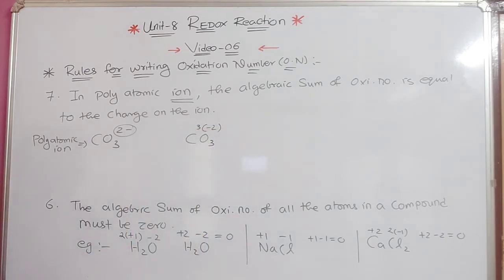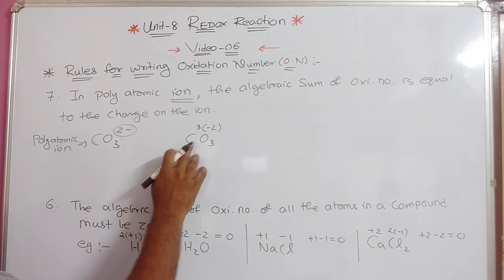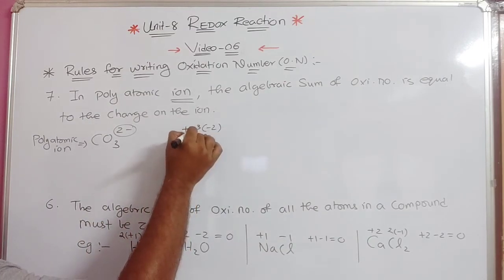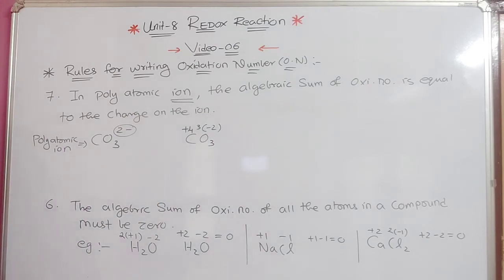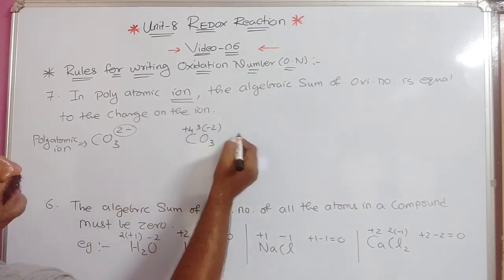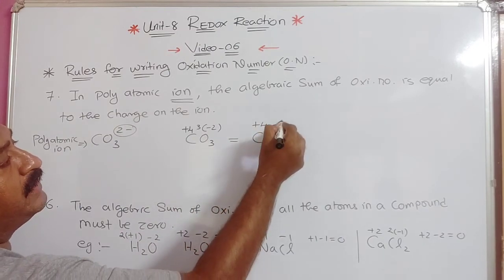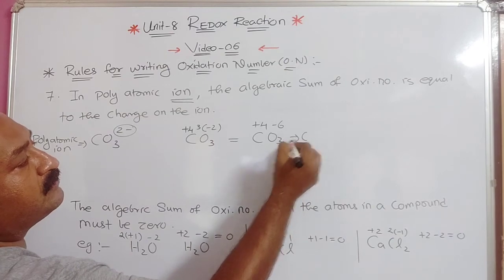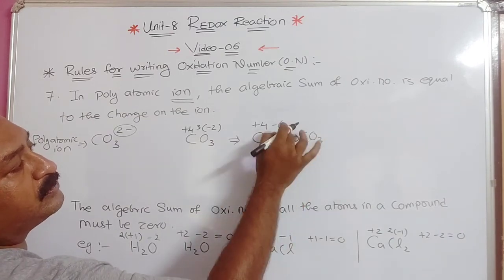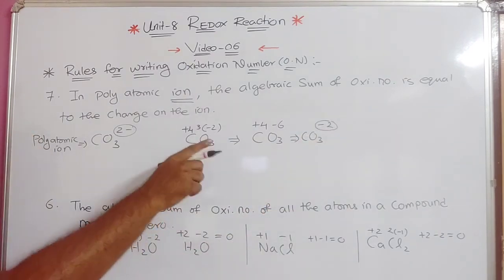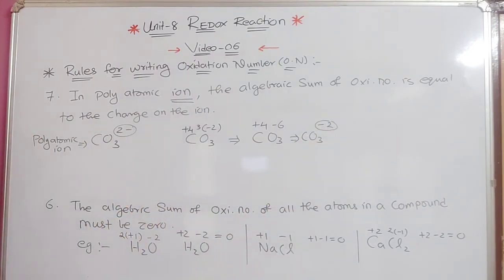Carbon is +4. I think you must have heard about tetravalency. So the algebraic sum will be +4 and -6, which is -2. So the algebraic sum in a polyatomic ion is equal to the charge of the ion. Understood? So this is one simple example.